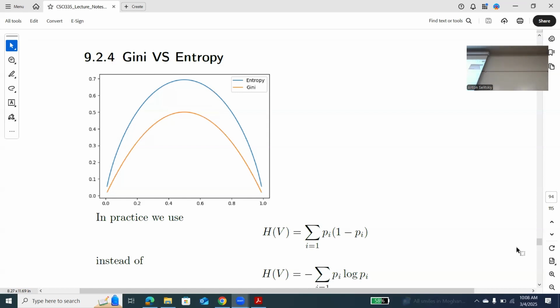If you plot another curve, probability times 1 minus probability, it looks like this orange curve. And as you can see, they're very similar. But which is easier to compute? Of course, the second one. So this is called Gini criterion. And in practice, we calculate this Gini criterion instead of entropy.